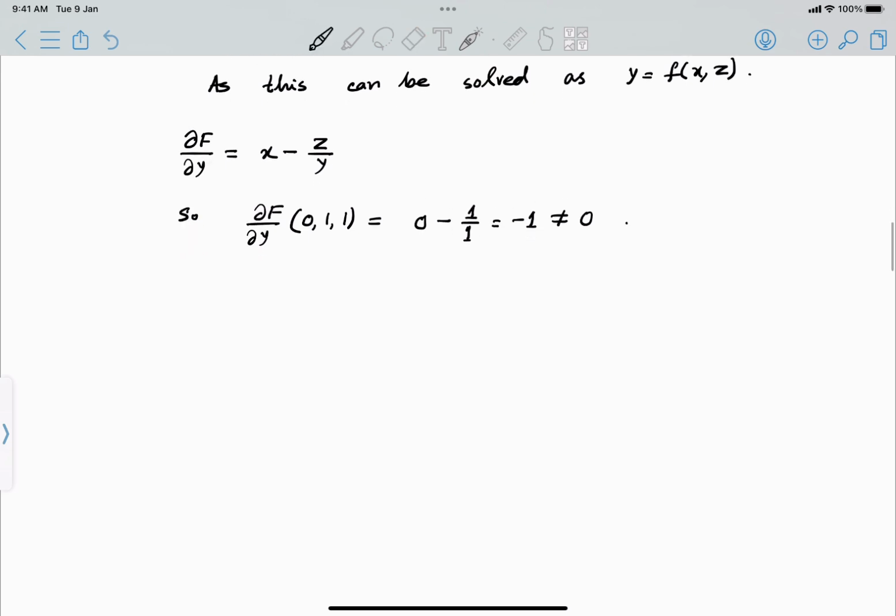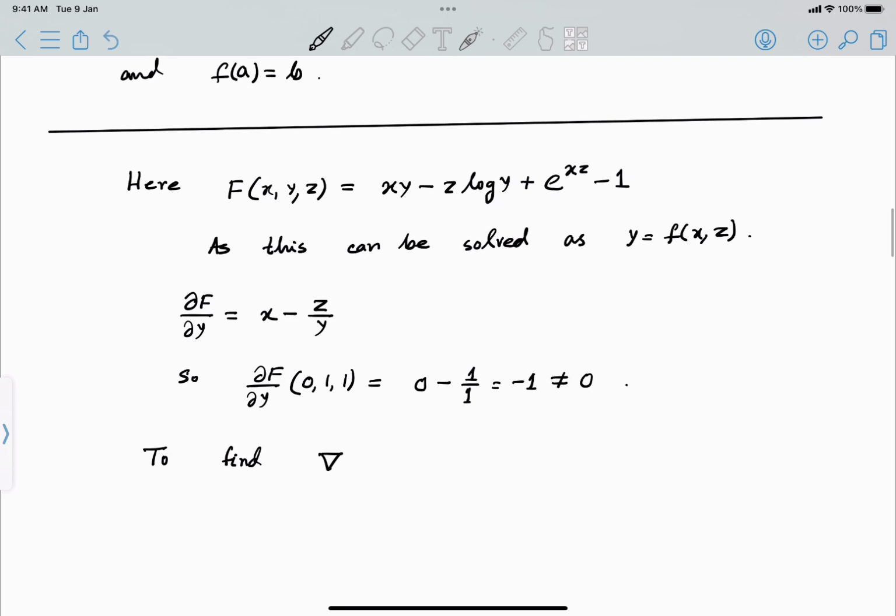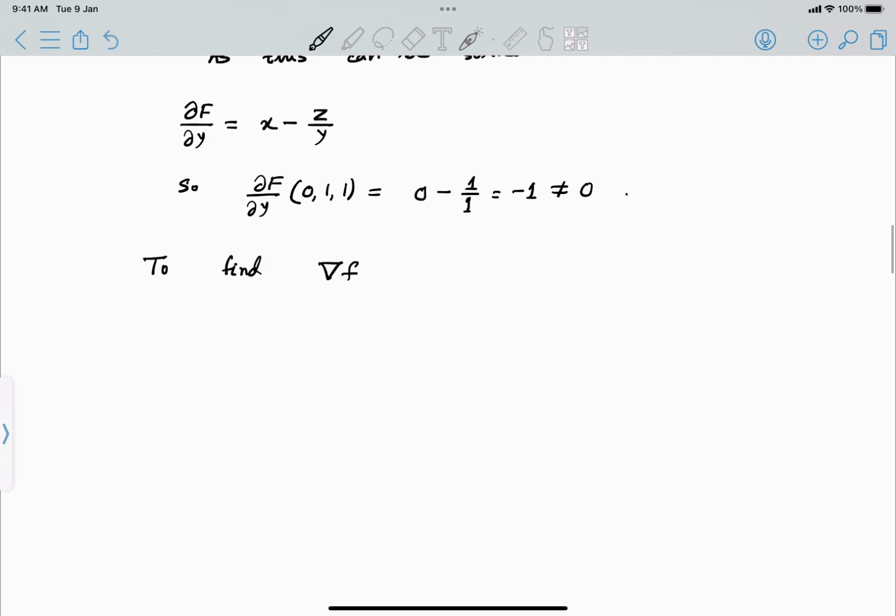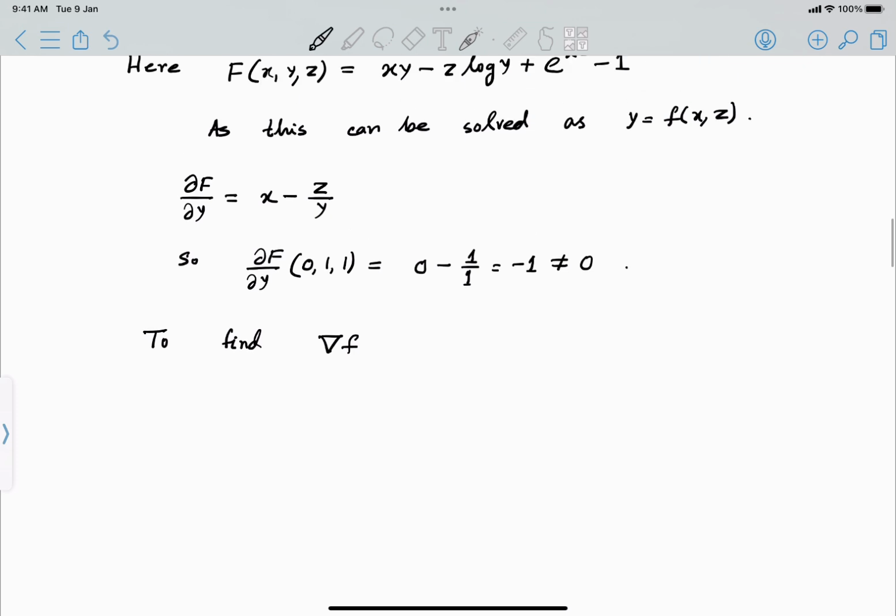Right, now we have to find the gradient of y. So to find the gradient of this small f, which is basically y, the gradient of f at some x, z point will be del f by del x, comma del f by del z, and as f is basically y, it is del y by del x, del y by del z, right?